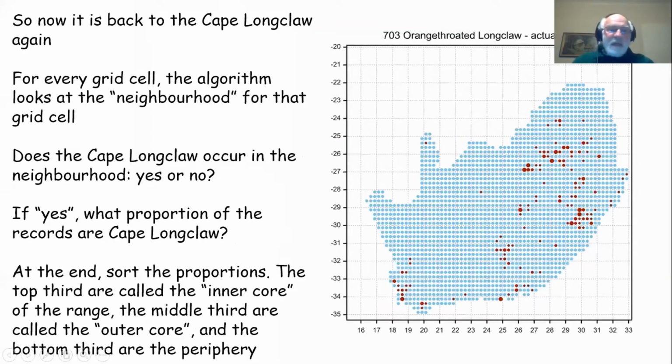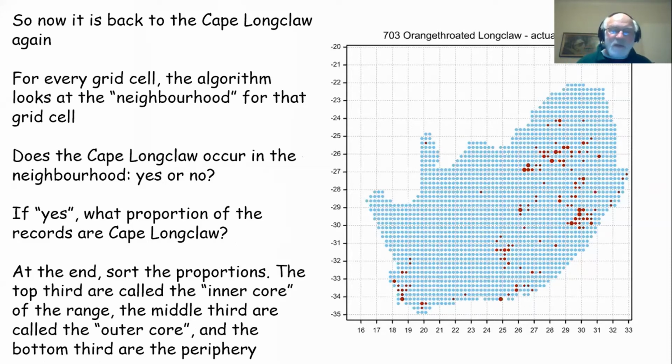So back to the Cape Longclaw, the algorithm looks at the data in this neighborhood of the grid cell, which might be small if there's lots of data, broad if there's only a little data, and it asks the question, is the Cape Longclaw in the neighborhood, small or large?